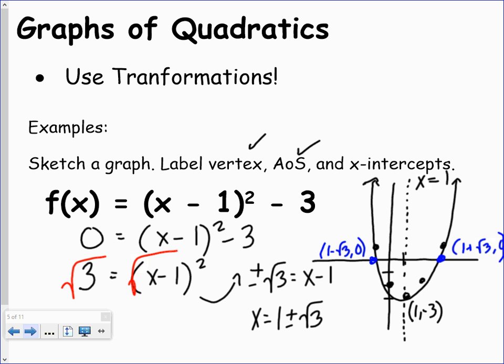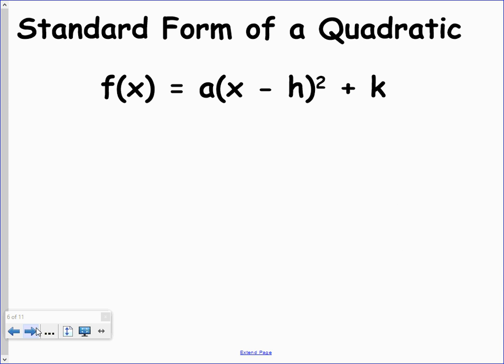Now, the other thing we want to talk about, and I think I had my slides out of order, so I probably wanted to say this before, is that form that we just saw, where we could use the transformations to help us graph. It used to be called vertex form. The pre-calculus book calls it standard form.